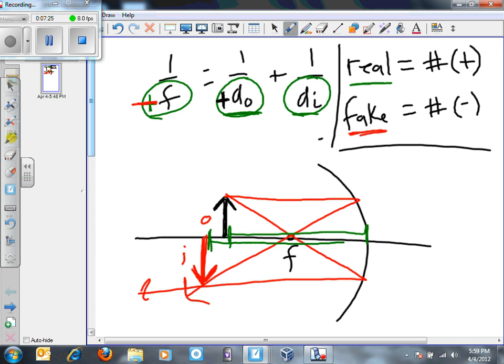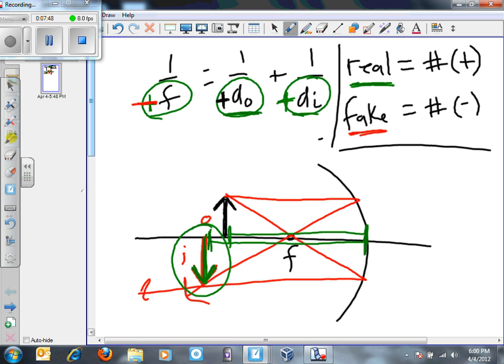Okay? So if we look at the distance that this image is away from the mirror, I can tell you that this is a positive number. The reason why I'm telling you that is because I know from looking at this that it's a real image. And since it's a real image, it's a positive number.